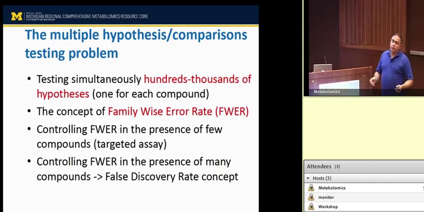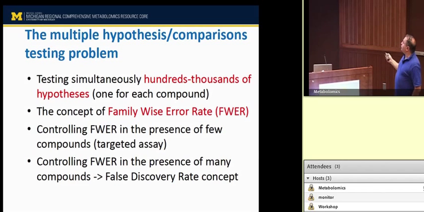It doesn't matter whether you do that from a t-test, a simple pairwise comparison, or you build one of these more complicated models that we talked about just before the break. At the end of the day, you have this issue of multiple hypotheses and comparisons, and that means that you need to be cognizant and aware of this issue and take care of it.